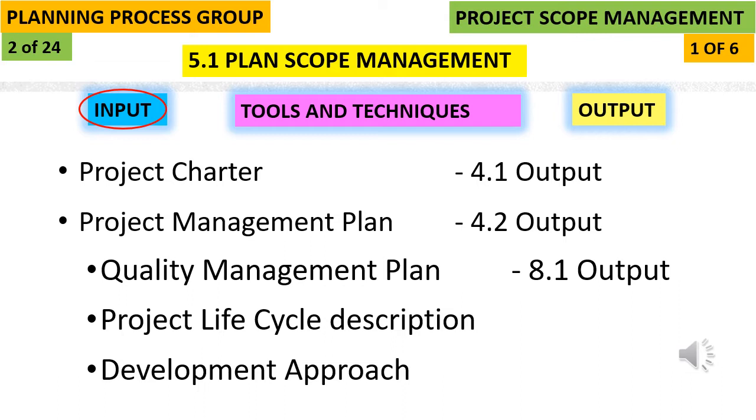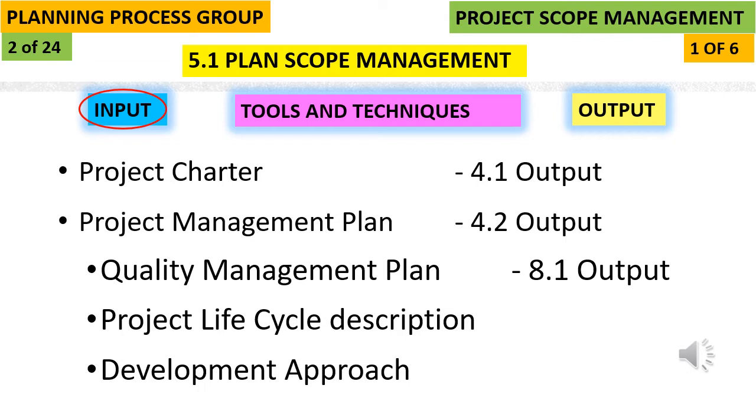The second input is the project management plan, which is an output of process 4.2, and especially the components under the project management plan which are critical for the execution of this process are the quality management plan, project lifecycle description, and development approach.